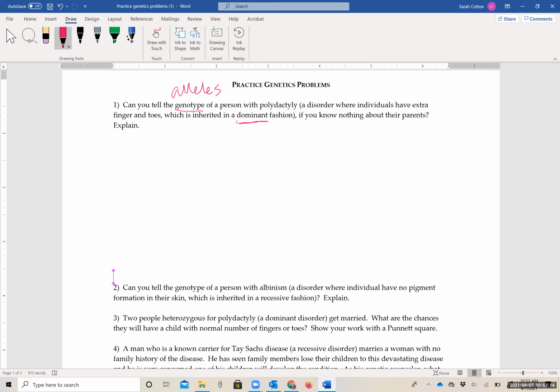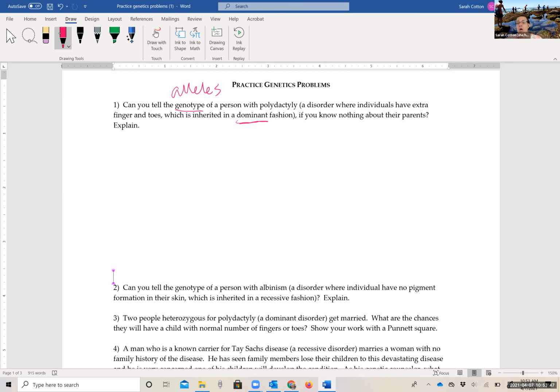It just means that it covers up, or masks. So if we say that polydactyly is a dominant disorder, what that means is that if an individual has a polydactyly allele, it will be expressed because it will mask the quote normal allele, which is the standard 5 fingers, 5 toes situation.